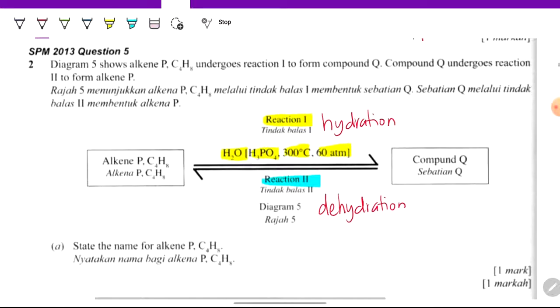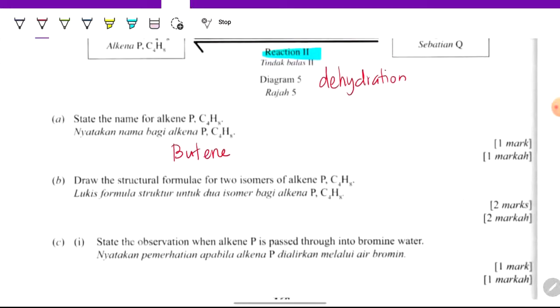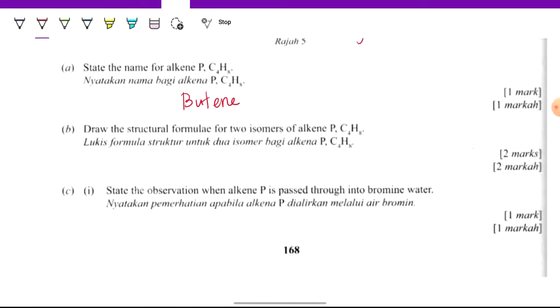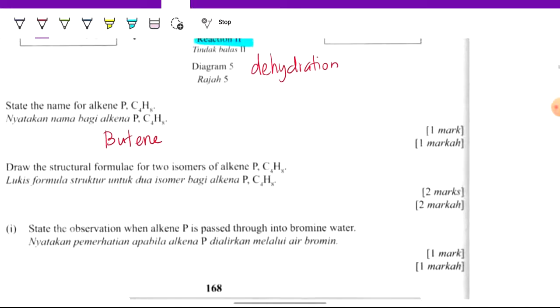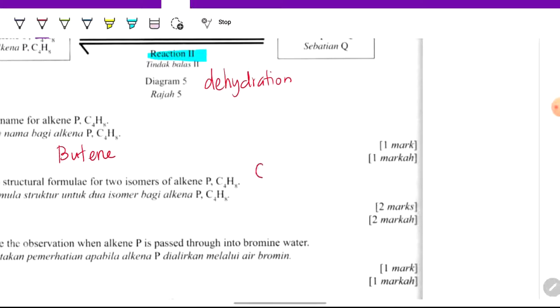Okay. So question A, state the name for the alkene P, C4H8. So this is an alkene with 4 carbons, so it's called butene. Draw the structural formula for 2 isomers of butene. Okay, so here butene can form 2 isomers. So first one, there are 4 carbons, with the double bond at carbon number 1.